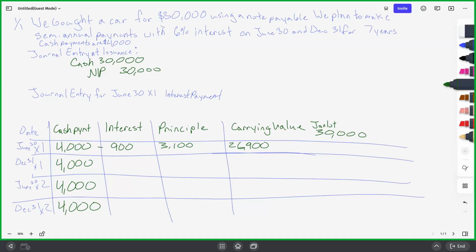Same thing, new carrying value. Same thing is going to happen to our principal. Exactly, we just keep bringing this down. Last things last. We're going to bring down our carrying value, right?